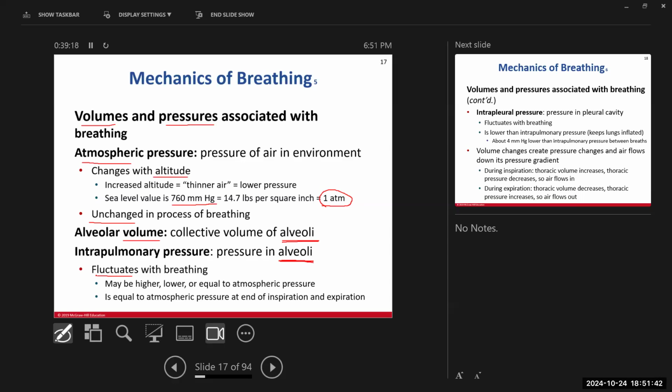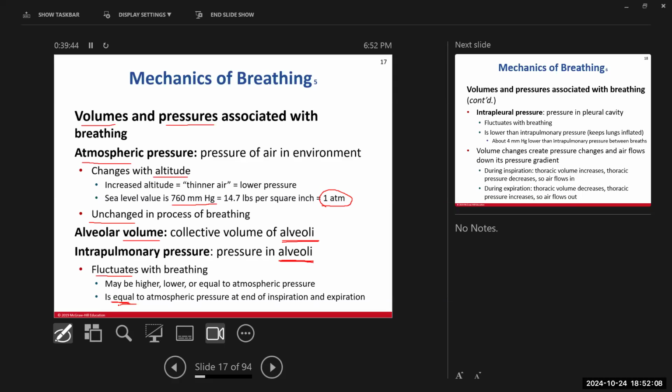Those are your three possibilities. When it's 760, when it's equal to the atmospheric pressure, when the pressure in your lungs is the same as the air pressure in the room, that's only going to occur at the end of you taking a breath in and at the end of you exhaling. And I'll show you the examples here.